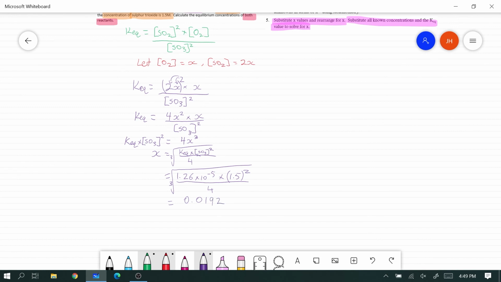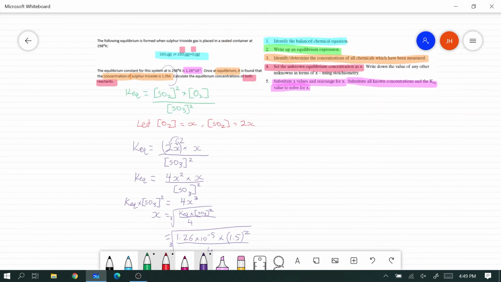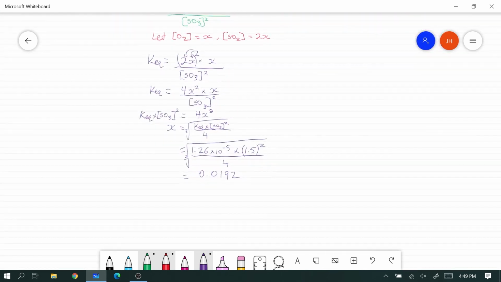If we're looking to match our significant figures, if we look at the top with all of our data, this only has 2 significant figures there. So I'm going to put that as 0.019. So X, if we remember, is the concentration of O2.